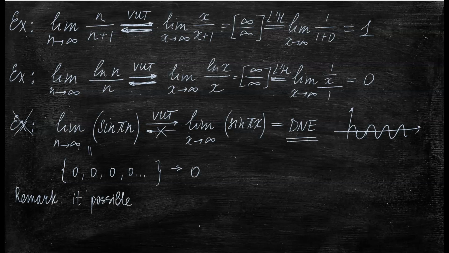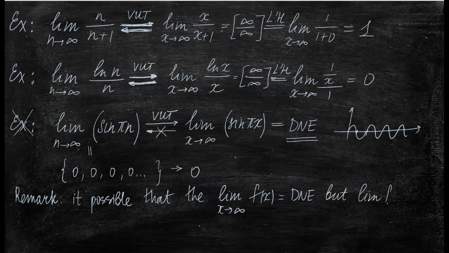That means it is possible that the limit of a function doesn't exist, yet the limit of its sequence, which lives on that function, still exists and is equal to some value L. So we just need to be mindful of this fact when working with this theorem. Now let's consider the following example.